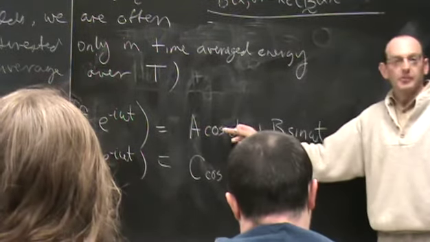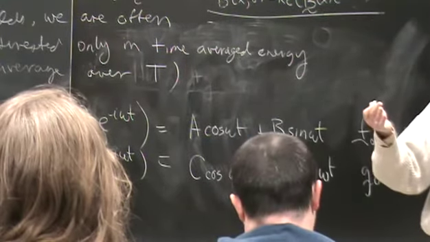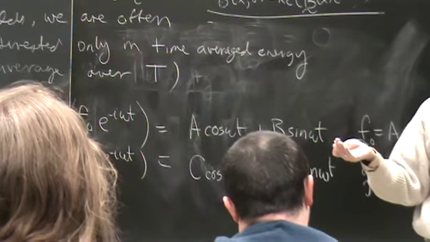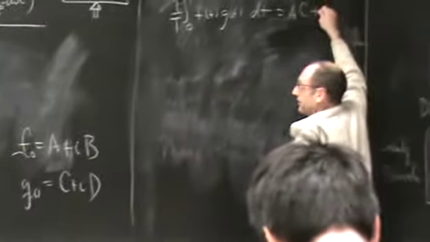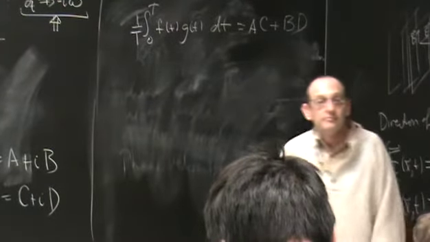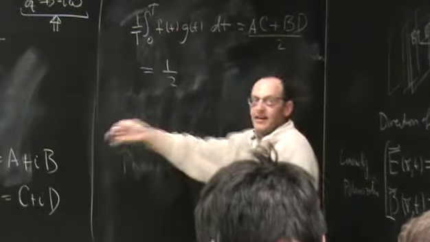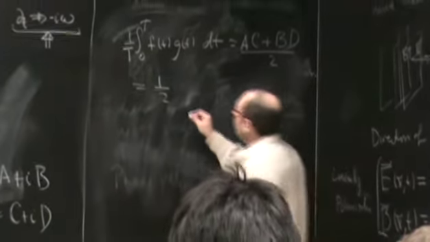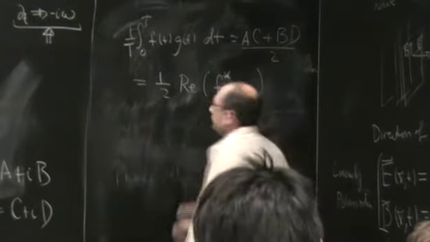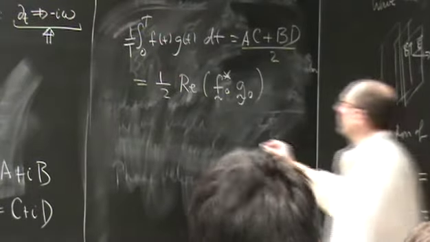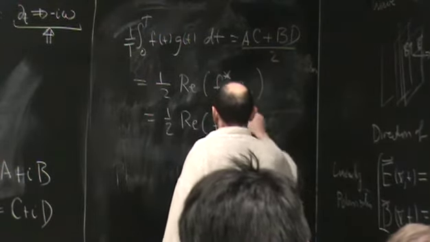But we're also going to get the cross terms, cosine times sine, which is sine of 2 omega t, which averages over a period to 0. So when you do all this out, you will quickly find this is (AC plus BD)/2, because of the cosine squared and sine squared, which is equal to 1/2 the real part of F0 tilde star G0 tilde, or equivalently, that.